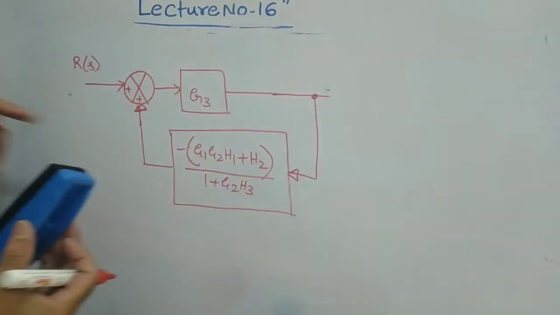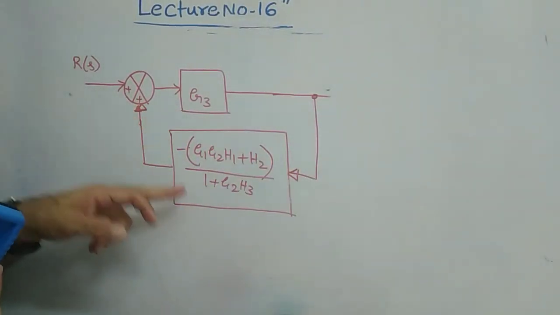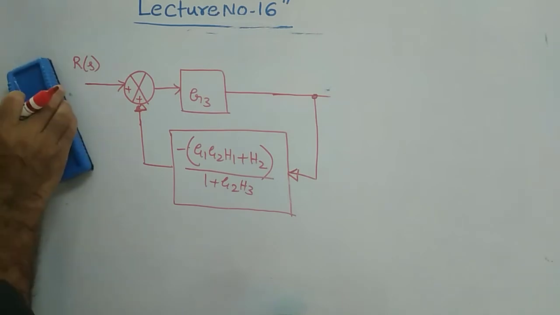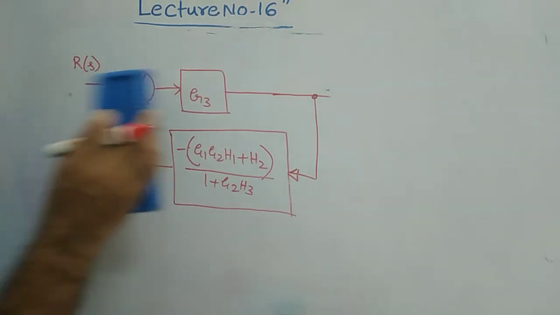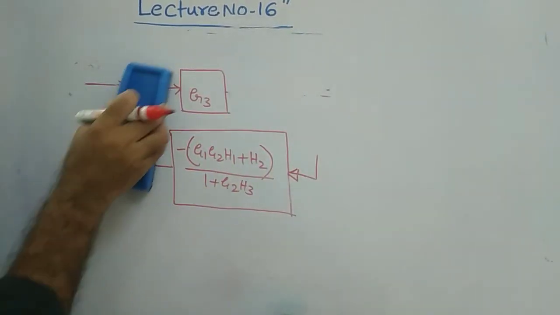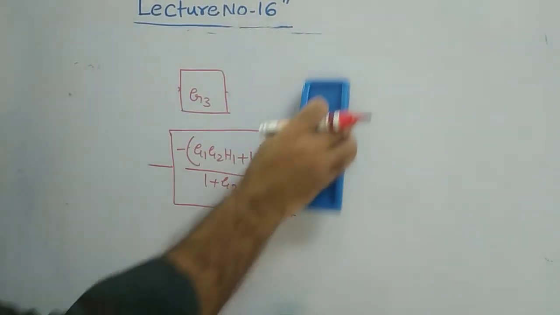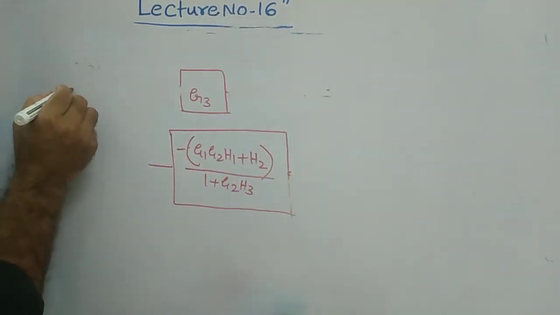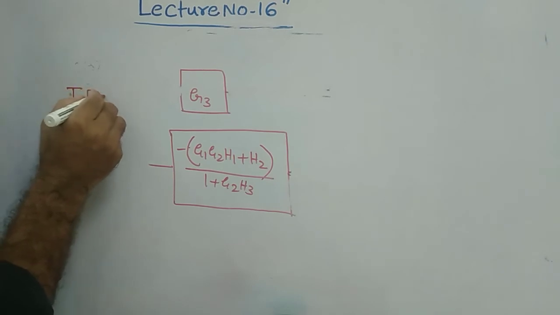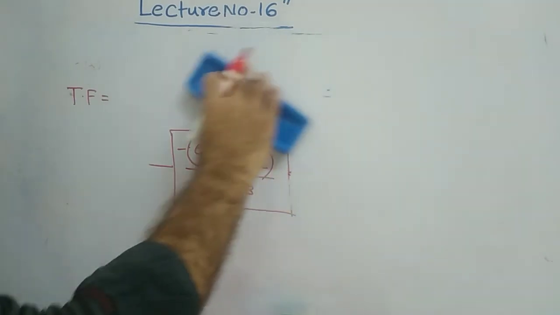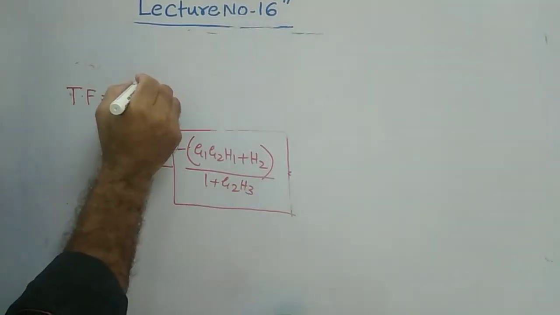What will be the answer? Take this as gain, and this is your feedback. Gain by 1 plus gain into feedback factor. Therefore, the transfer function, now the final step, is equal to G3 by, G3 is your gain basically.